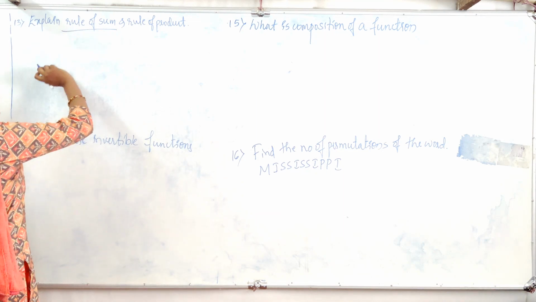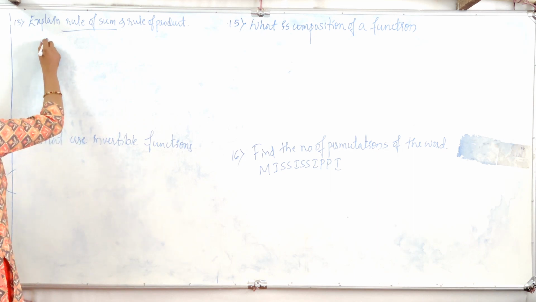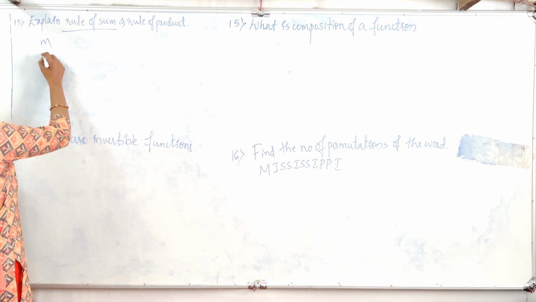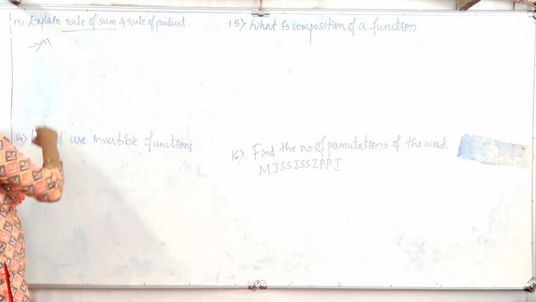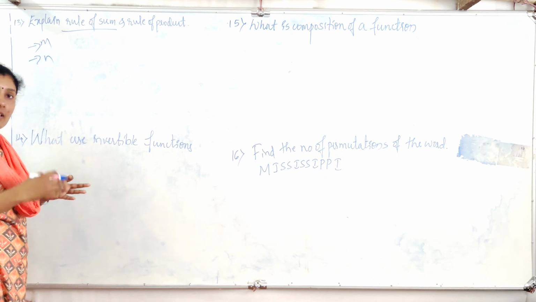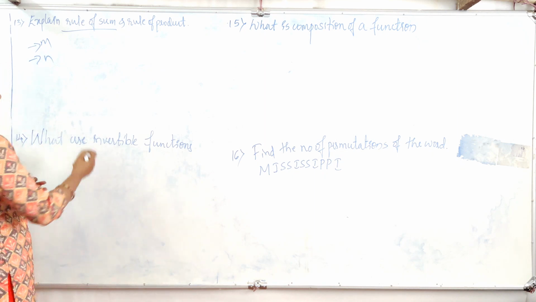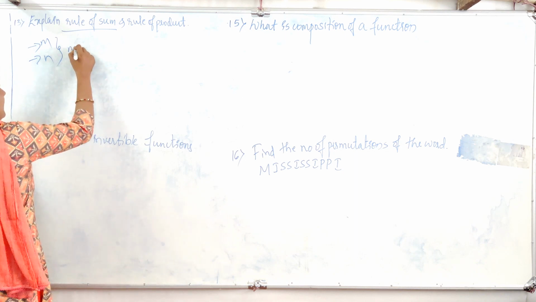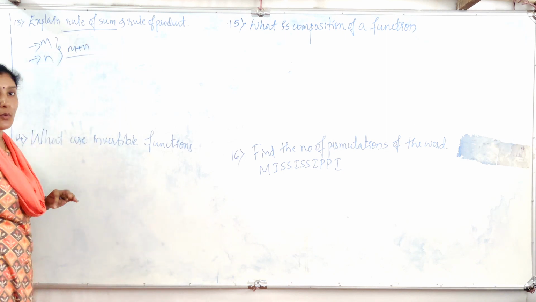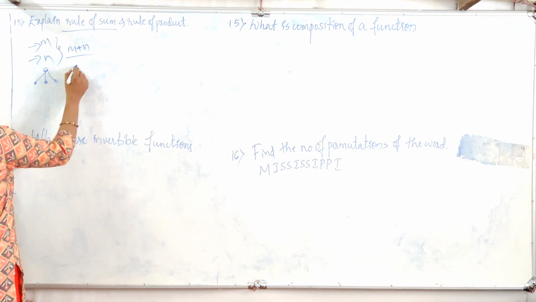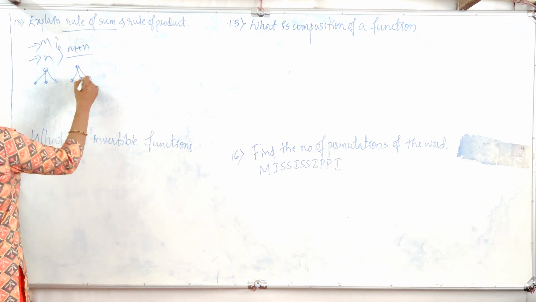So rule of sum means what? When one task is performed in M number of ways and another task is performed in N number of ways, then both the tasks can be performed in M plus N number of ways, which I represented using the graphical representation also.